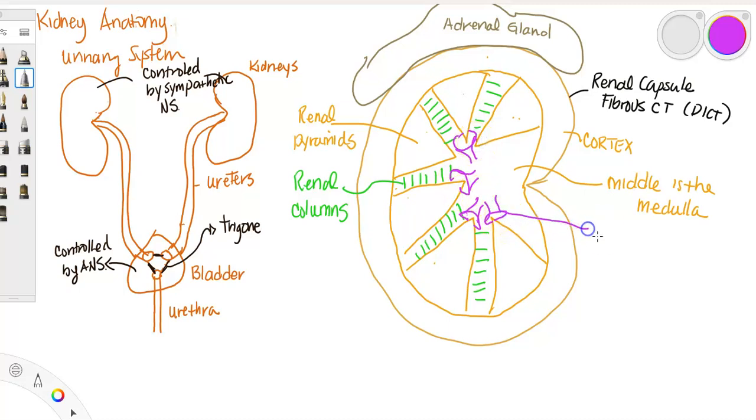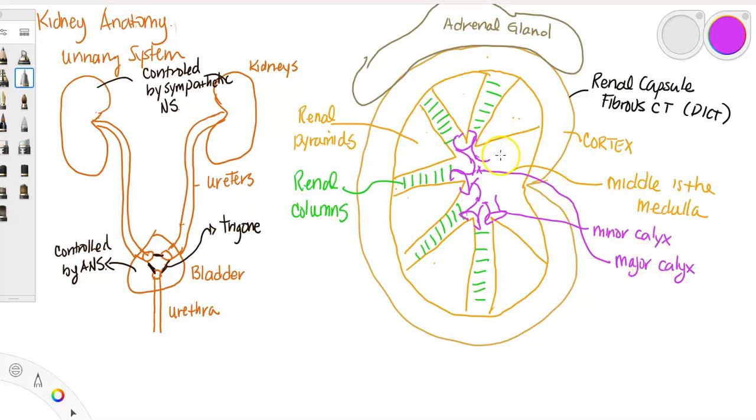The minor calyx. And they kind of come together and form little parts here. And where they come together, that would be called a major calyx.